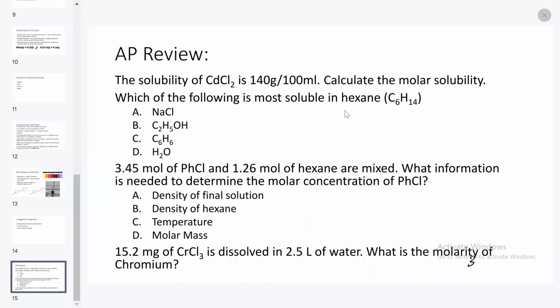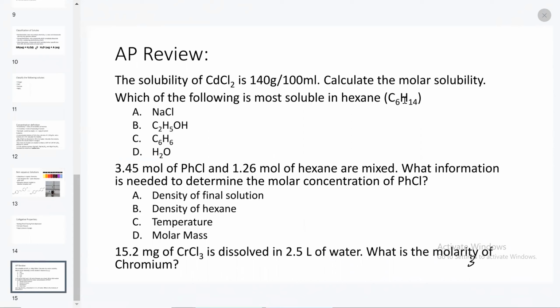Which of the following is most soluble in hexane? Do you think hexane is polar or non-polar based on the formula here? Hexane only contains carbon and hydrogen, which have very similar electronegativities. So it's nonpolar, right?